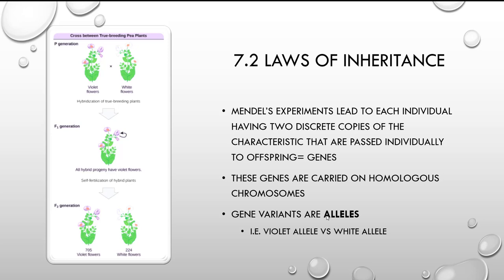We're going to start off with an Amoeba Sisters video. This video goes into alleles and genes, as well as some additional terminology that we're going to use throughout this lecture video. So it'll give us a good overview of what we're going to be learning about. Okay, so let's go ahead and watch that video.